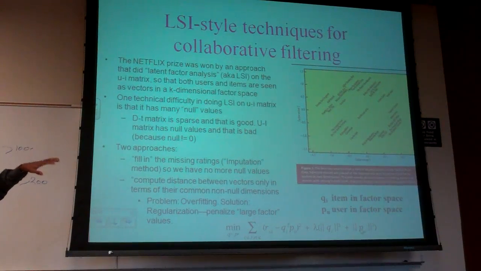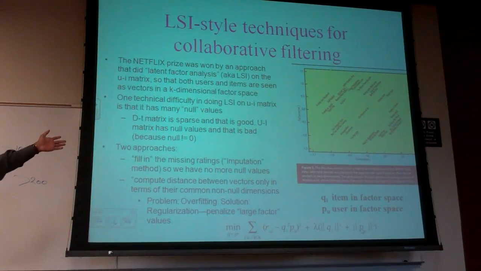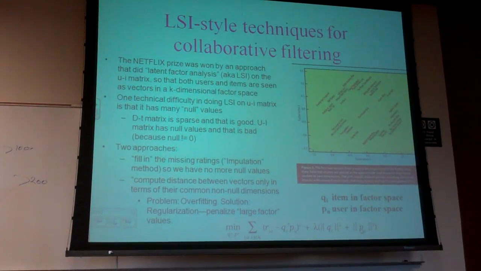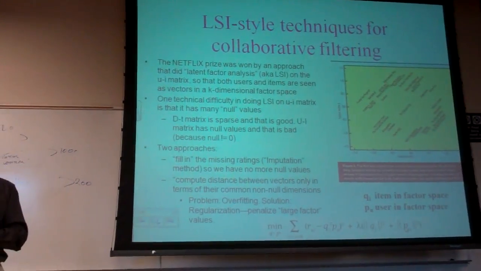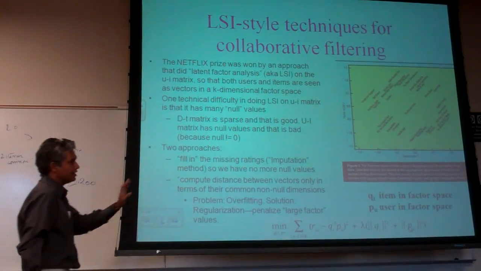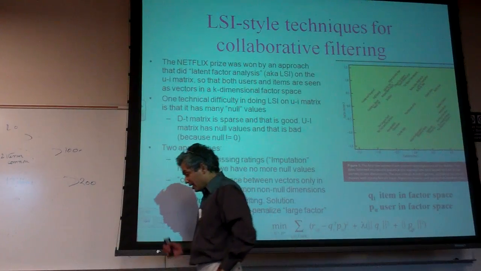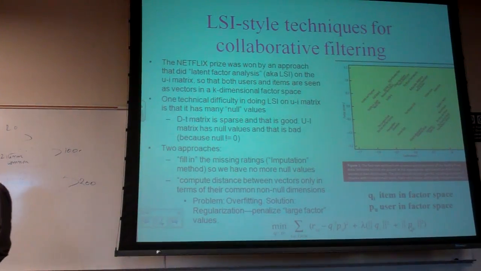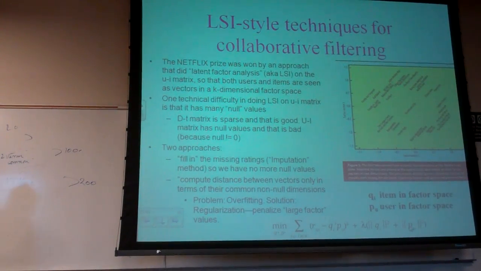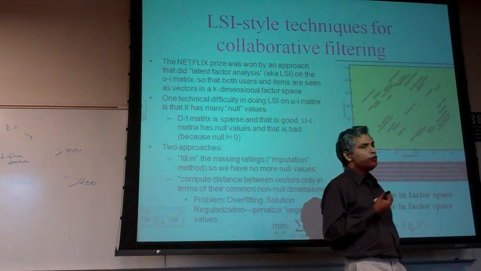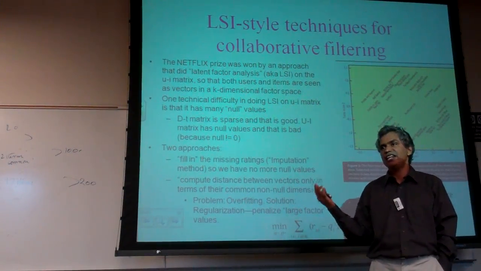So you start with reduced dimensionality and then do everything I said before, either item-centered or user-centered collaborative filtering, and that works well. And one technical point that they make, which I would not be able to go into much detail on here, is that to do LSI, or basically any of these techniques, on collaborative filtering, your problem is that there may be too many null values for the ratings.